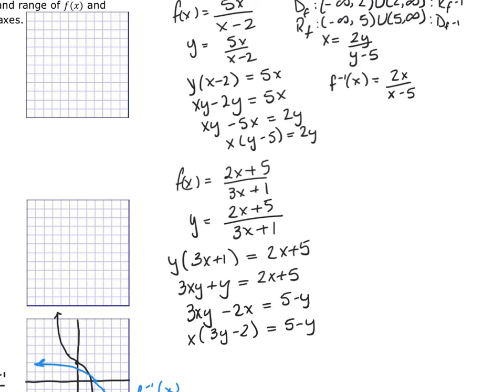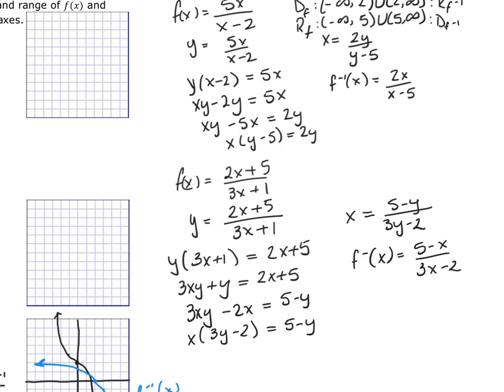I'm going to divide both sides by 3y minus 2, and so I have x is equal to 5 minus y divided by 3y minus 2. And then I'm going to replace my y's with x's and my x with f inverse of x. So 5 minus x over 3x minus 2.